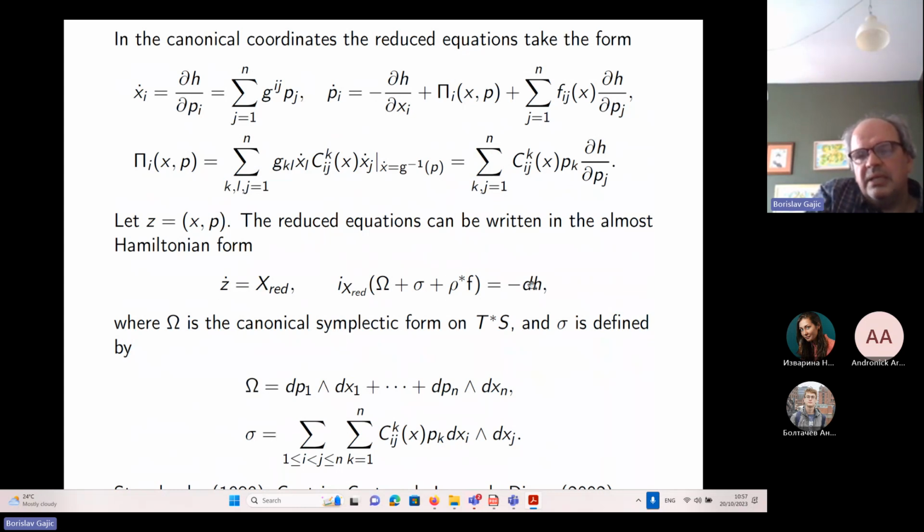But here, in addition, we have this part which is given by these gyroscopic forces. Rho is the canonical projection from the cotangent space of S to S.